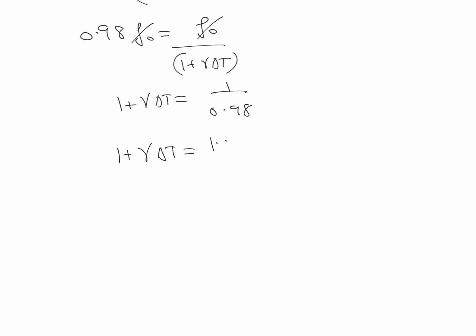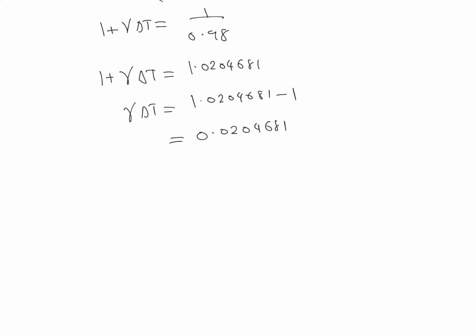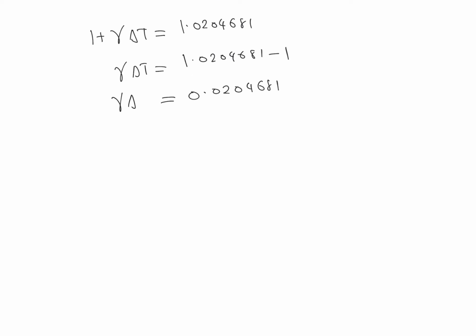You'll get something like 1.0204681. So gamma delta t is 1.0204681 minus 1, which is around 0.0204681. If you want to find the value of delta t, we write 0.0204681 divided by the value of gamma.